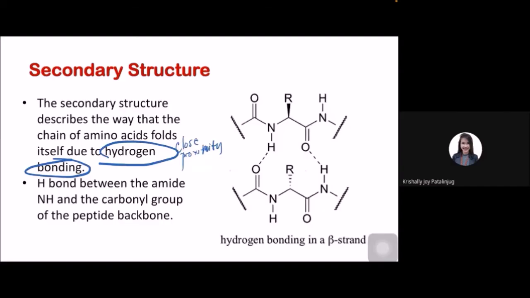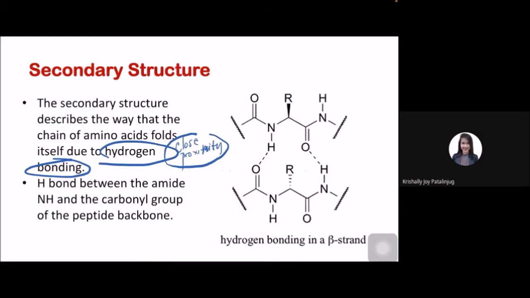I repeat, because of our rotational bonds, certain atoms come into close proximity, and atoms that come close together may attract each other, forming hydrogen bonds.